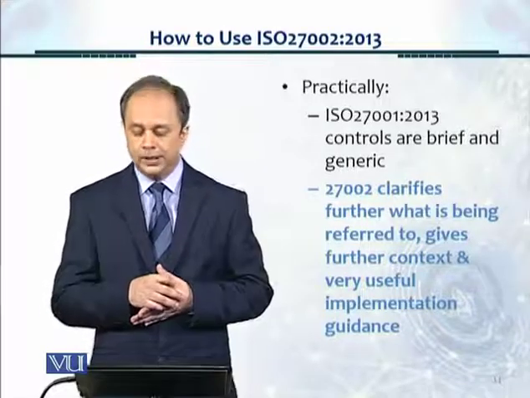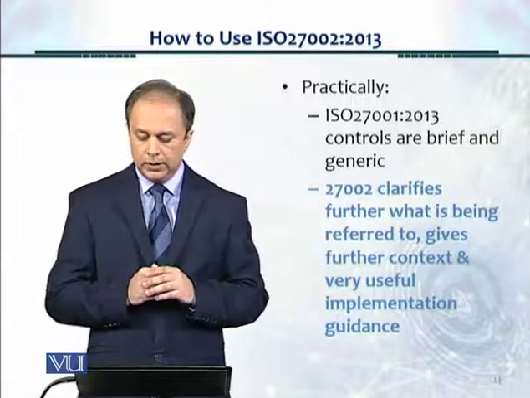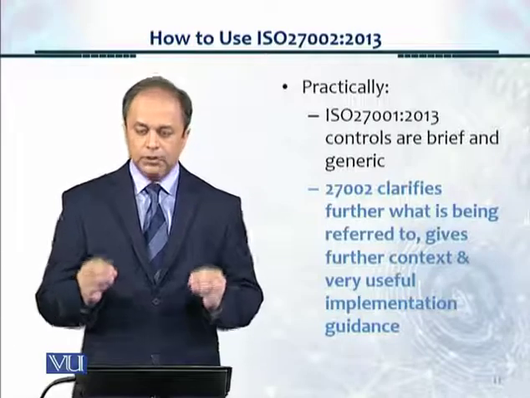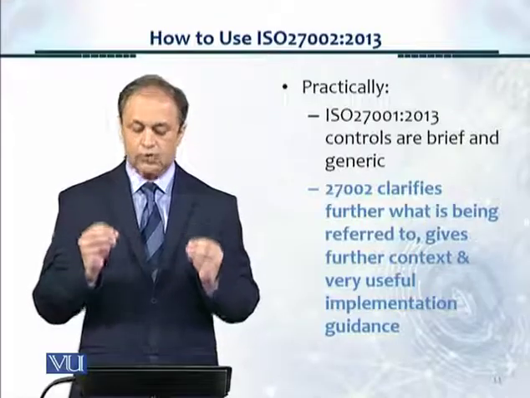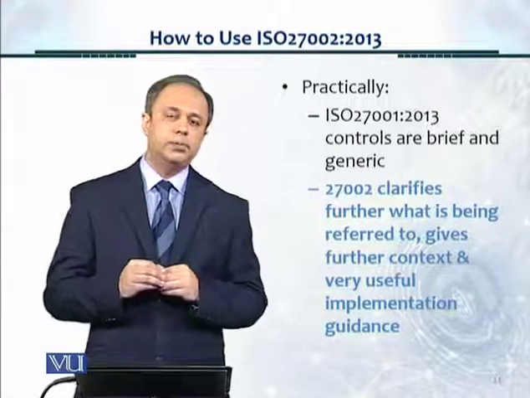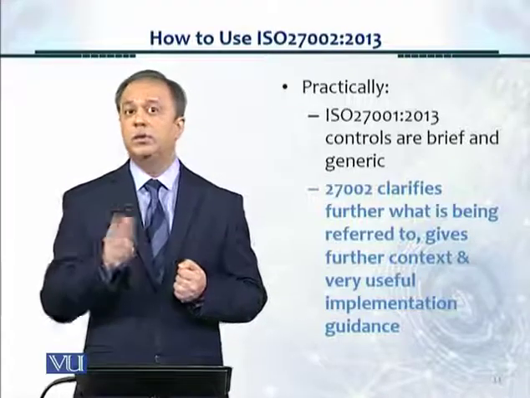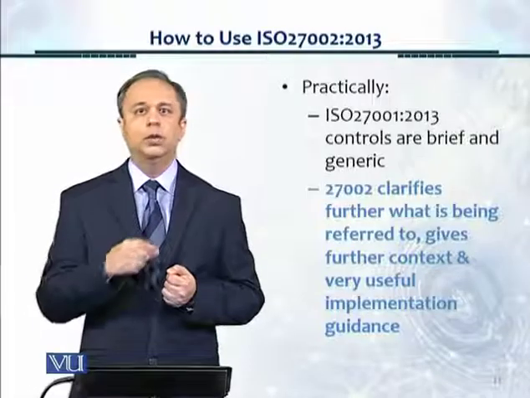So practically speaking, ISO 27001 controls are brief, generic, to the point, and 27002 clarifies further what is being referred to, gives further context, and very useful implementation guidance. And sometimes what happens is for newcomers who are using 27001, they're not able to fully understand what the control actually means. So when they read 27002, it becomes very clear.